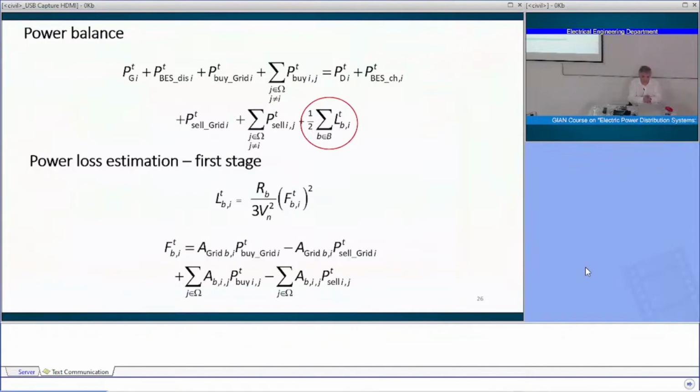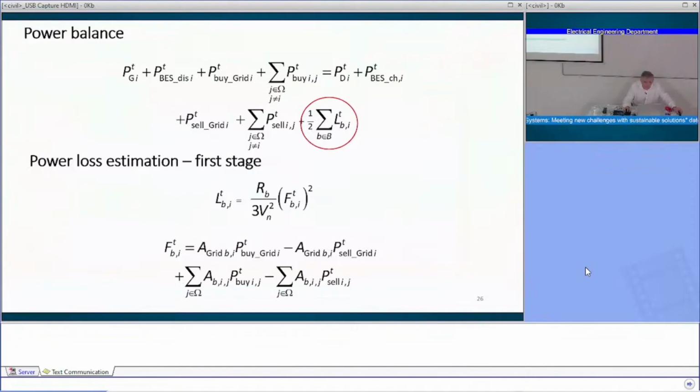We do this in two stages. So in the first stage, these losses are just, these are the resistances of the branches, of the low voltage branches in the feeder, and these losses are the square of the active power flux into these feeders, into the branches.